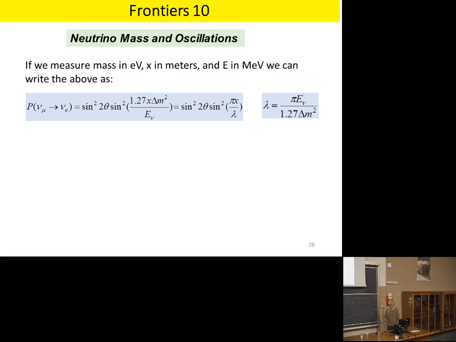That is, if we start from a neutrino that's a muon-like neutrino here, and you want to ask what's the probability sometime later that you find it as an electron neutrino, then it's a function of this unknown angle that we have to measure. It's a function of how far it went. It's a function of what the mass difference is between the two neutrinos and what the energy is of the neutrino.